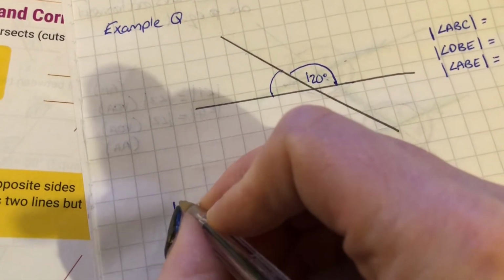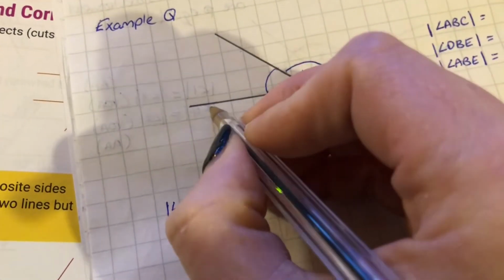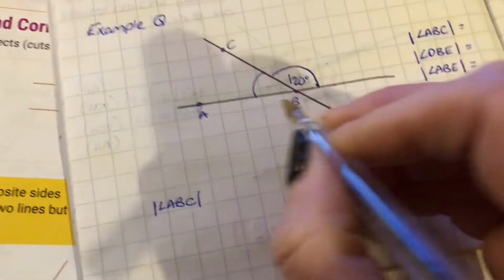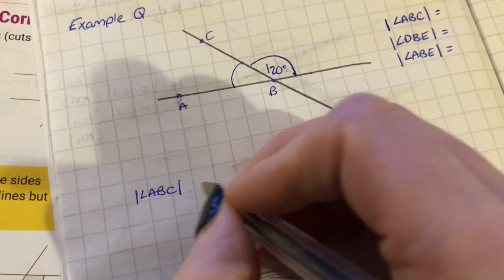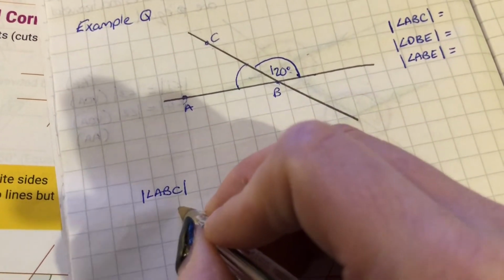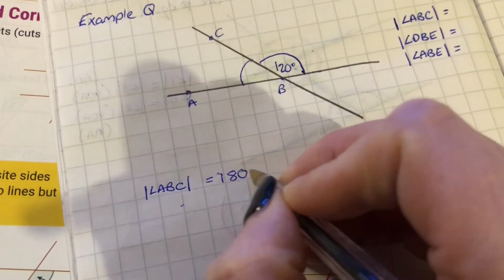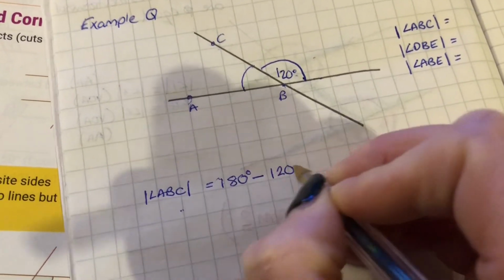So the angle ABC, travelling from A through B to C, must be 180 minus that 120 that we don't want.